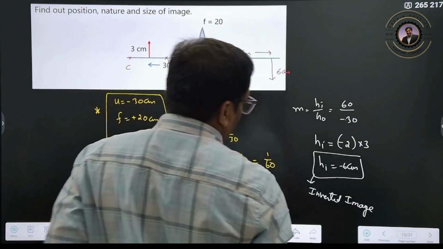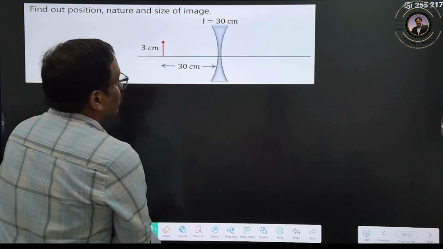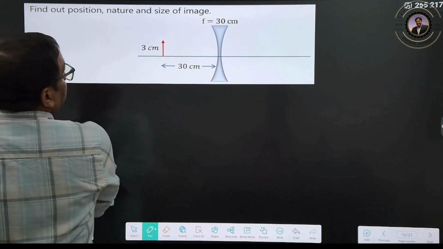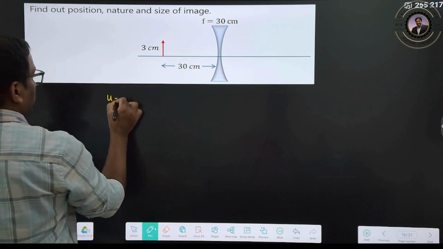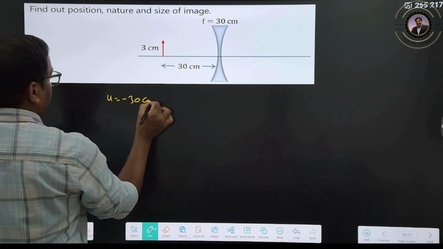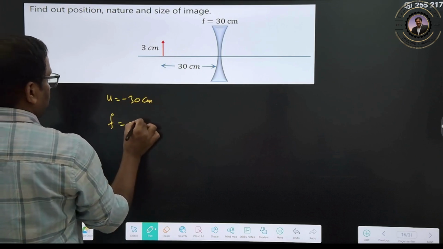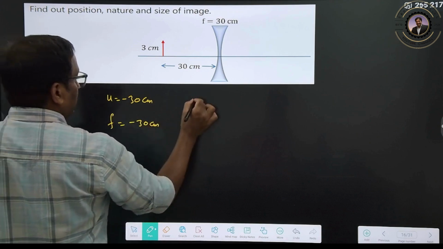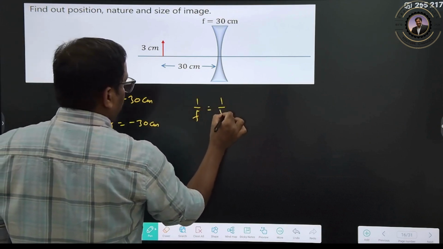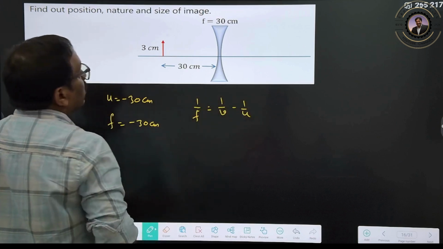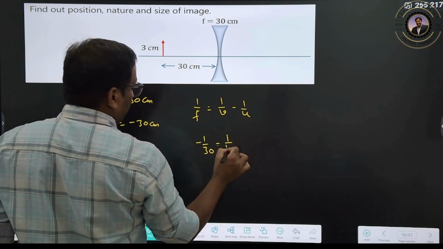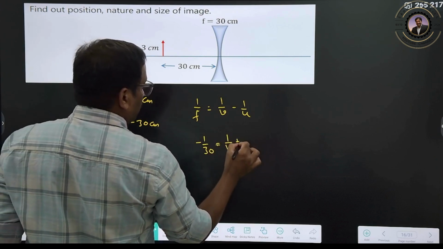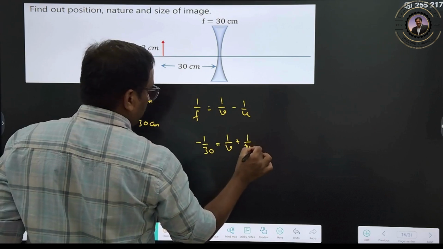Now we will go for another question. Let us see this question. Here a concave lens is given. Therefore u is equal to minus 30 centimeter. The focal length is given as minus 30 centimeter. So 1 by f is equal to 1 by v minus 1 by u. So 1 by f is minus 1 by 30, equal to 1 by v plus 1 by 30, clear?